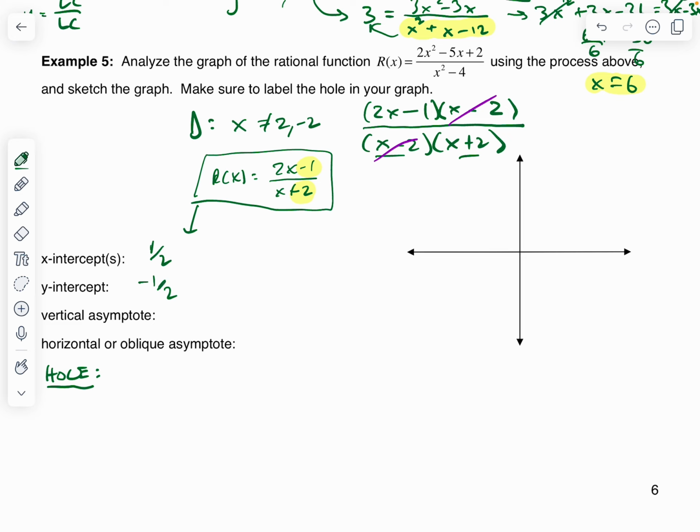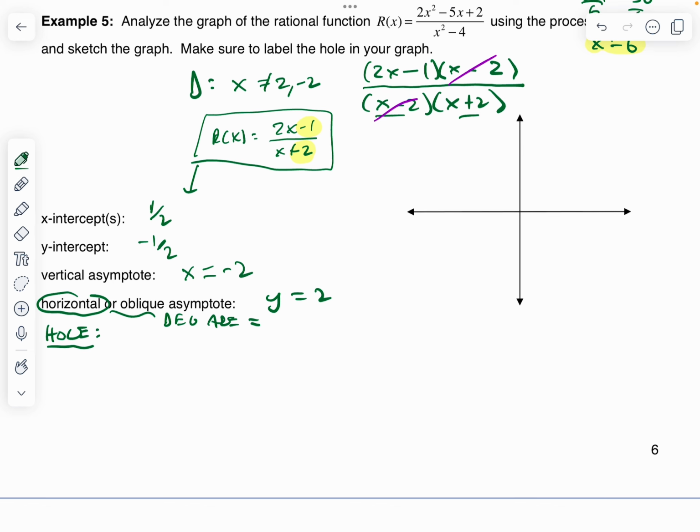Vertical asymptotes come from the denominator. The only denominator that's left is x plus 2, so we get x equals -2. We have a horizontal asymptote. The degrees are the same, so we do leading coefficient over leading coefficient, and we get y equals 2.